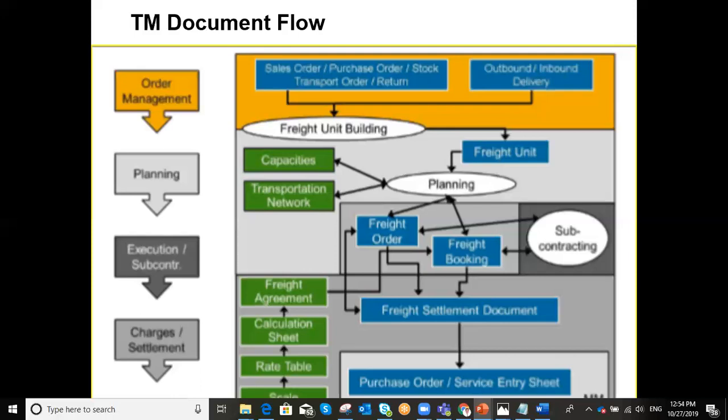Now, freight unit building. Using these two documents, we are building the freight units, which is a collection of the base units of measurement used in these documents. Understood? A freight unit is nothing but a group of base units of measurement. Let us suppose that the freight unit is a pallet.